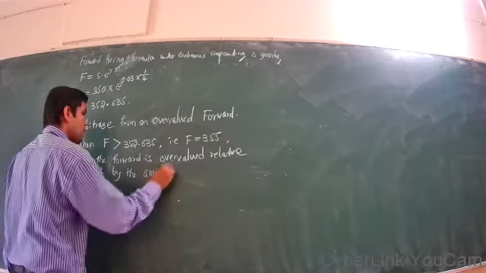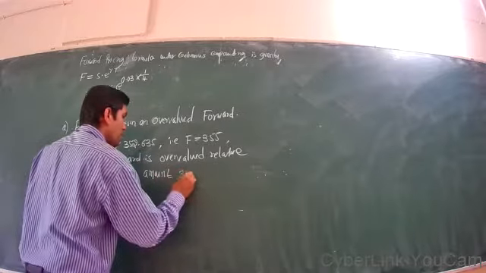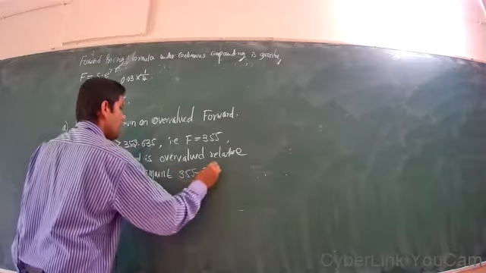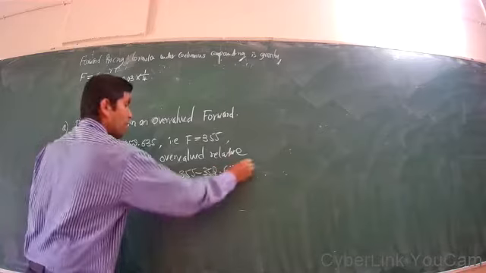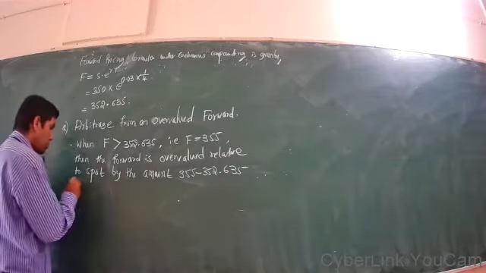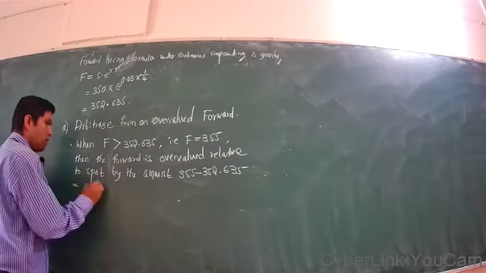You have to find the difference: 355 minus 352.635, that is equal to 2.365.